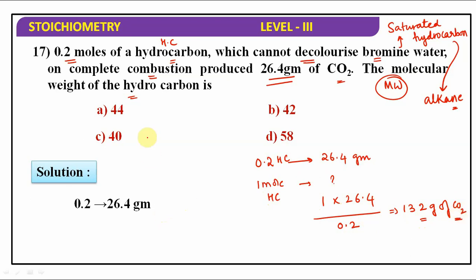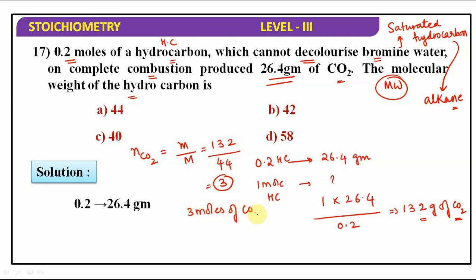Yes or no? The number of moles of CO2 will be mass upon molar mass. What is the mass? 132. Right? What is the molar mass? 44. So the number of moles will be 3. It is producing 3 moles of CO2.